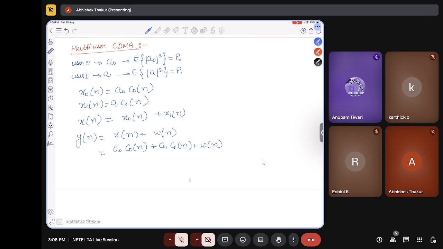Let's take this as equation 1, and this is our additive white Gaussian noise. We know that the mean of the noise symbol is 0 and the variance is sigma n squared.